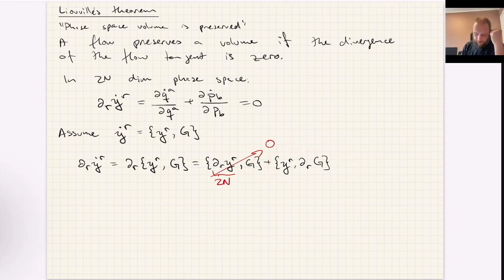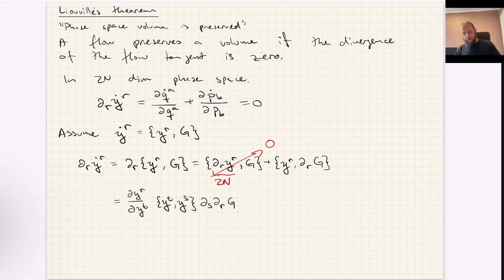So what we obtain from this commutator is d_r y_t, then the commutator y_t, y_s, and then d_s acting on d_r g.